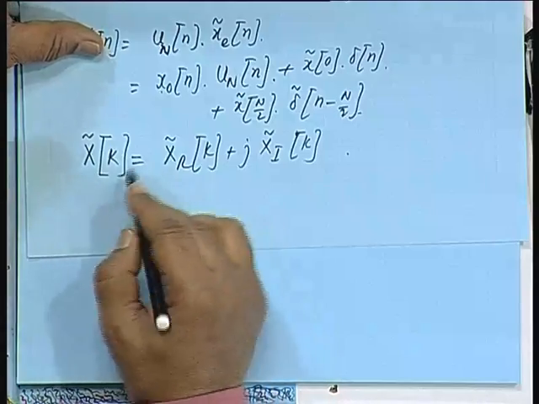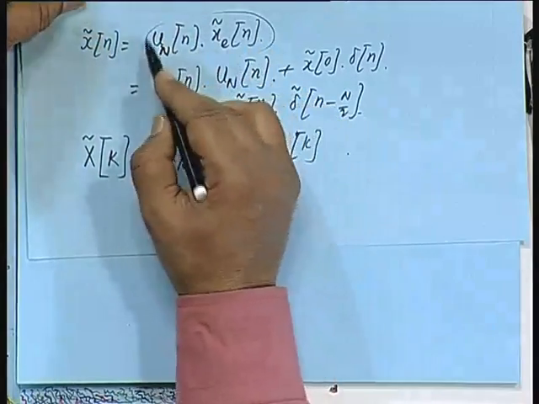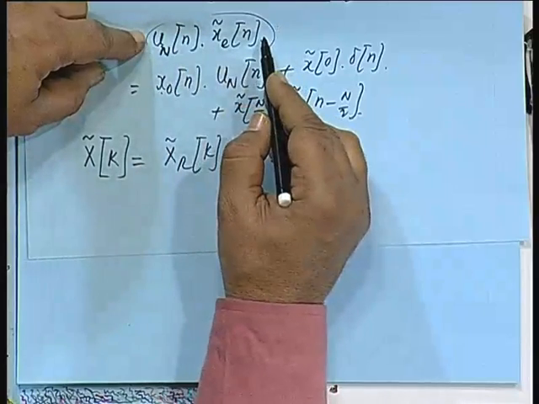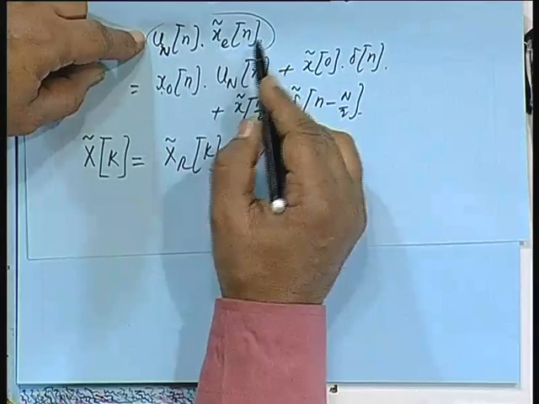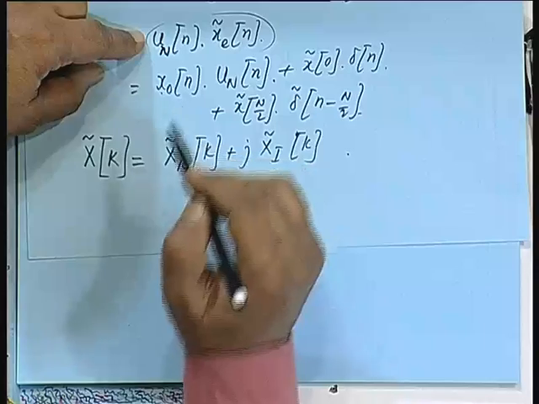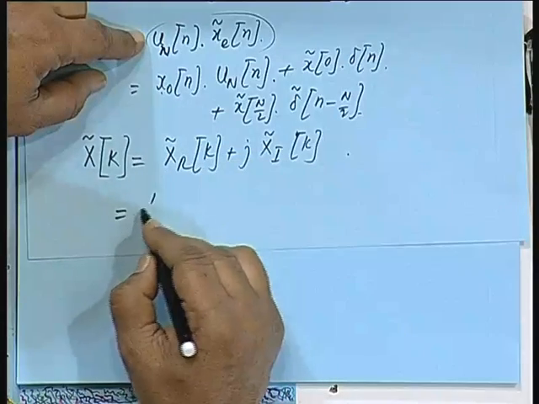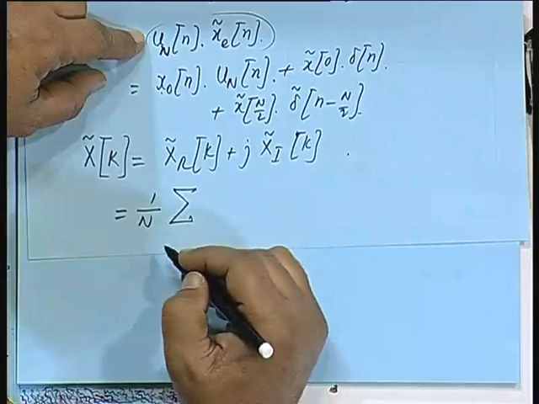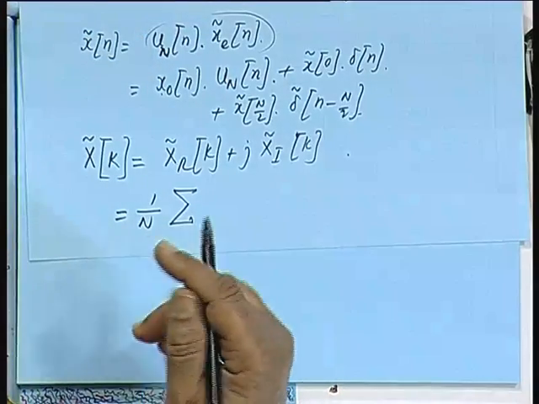Now, this I can compute from here itself. What is xk? Transform of this, all right. Now, what is this? 1 by n. If you remember, if you are having a periodic sequence, and if you are having the products, see, for a periodic sequence, what is the DFT?